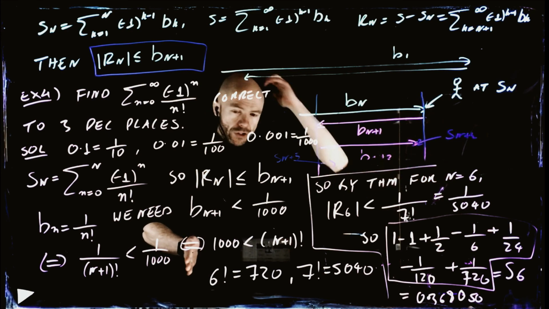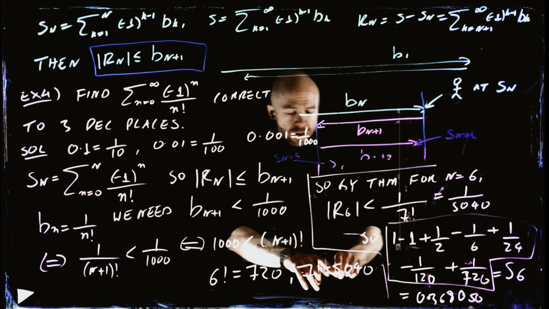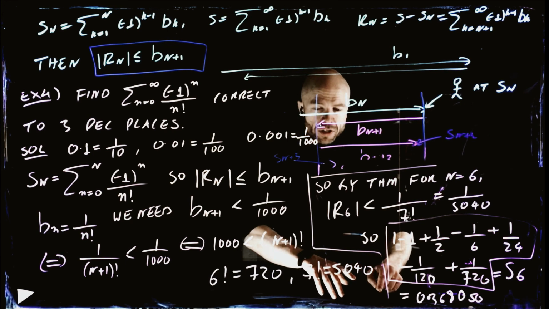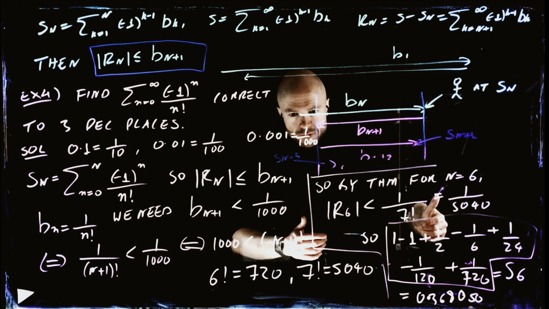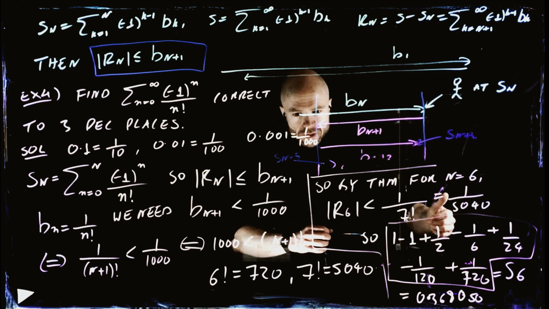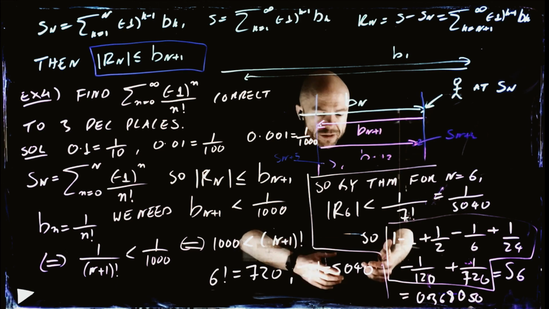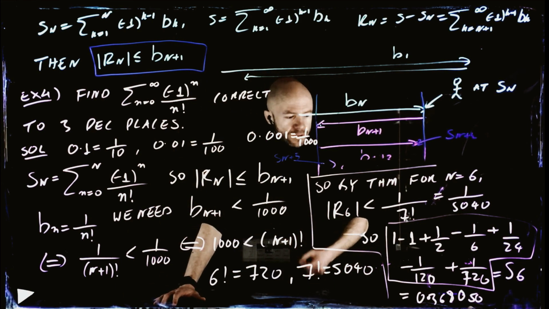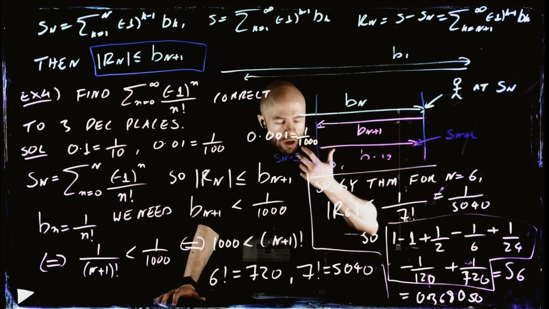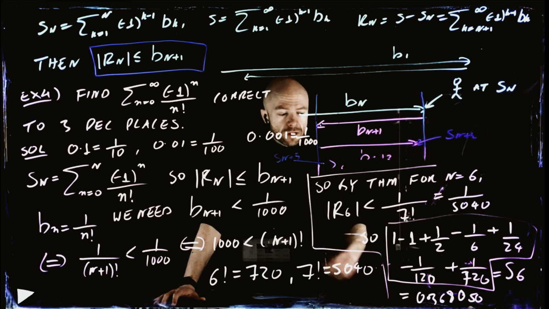And then we know for sure that the actual answer is within 1 over 5,040 of the sixth partial sum, S6. So if you have a picture of why this is true, you're not going to get this wrong. If you add too many terms, then you'll still have an answer within that level of precision, but we won't get the marks because we don't want to do more work than required.